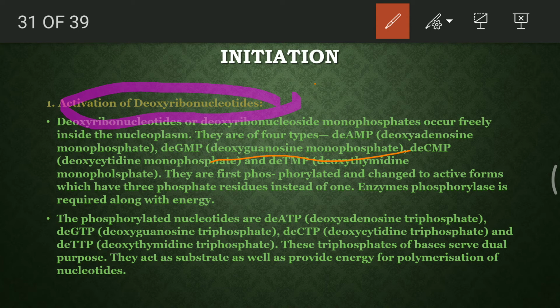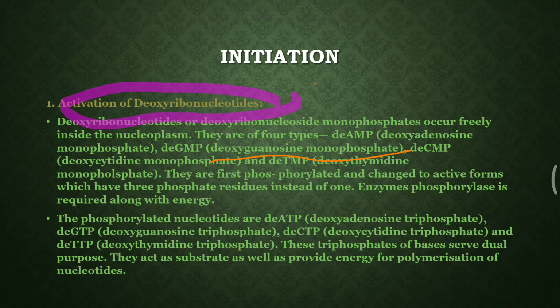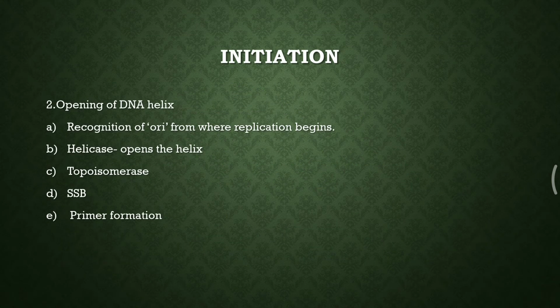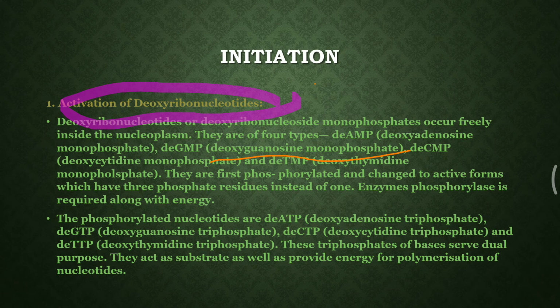This conversion takes place with the help of phosphorylase. One thing to be kept in mind is that in triphosphate, every time the phosphate molecules are released, they will release an enormous amount of energy. This conversion occurs in the presence of phosphorylase enzyme, that is to be kept in mind, the addition of phosphate in that way.